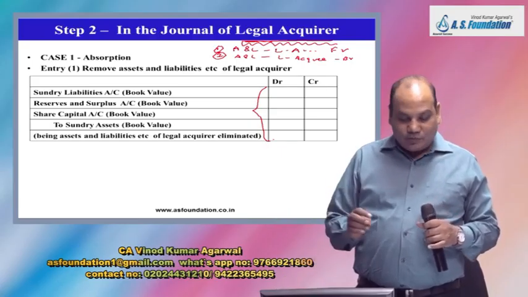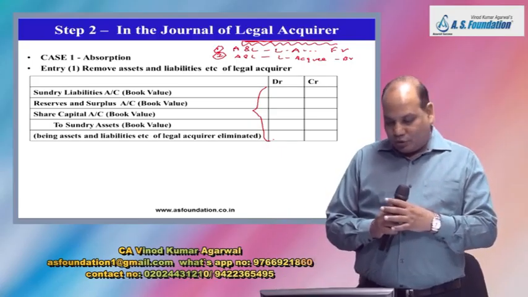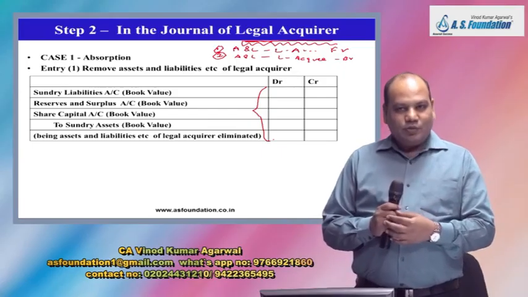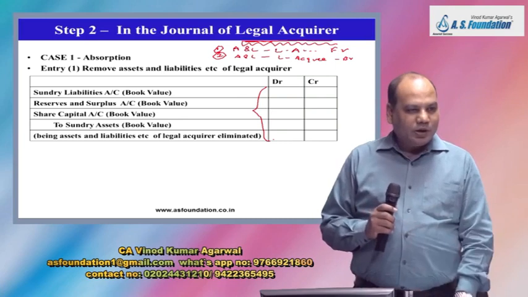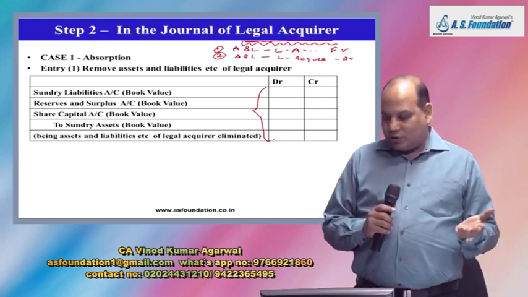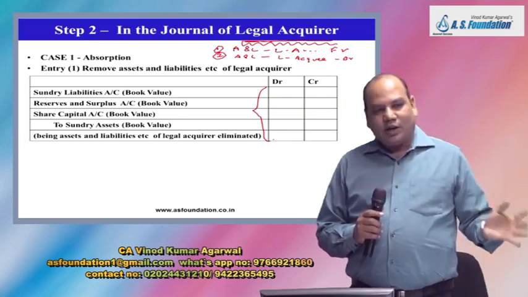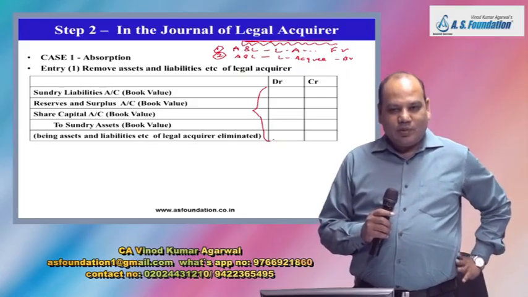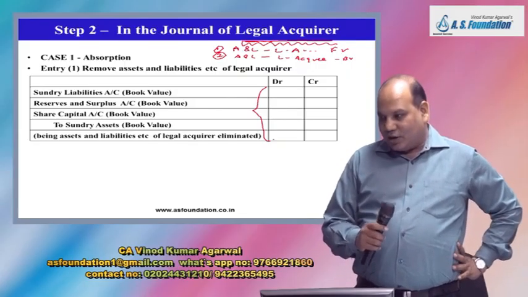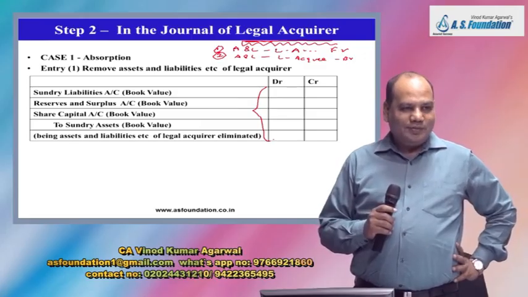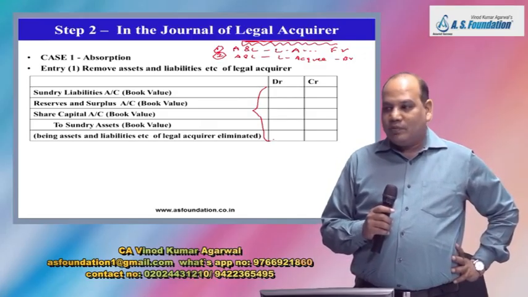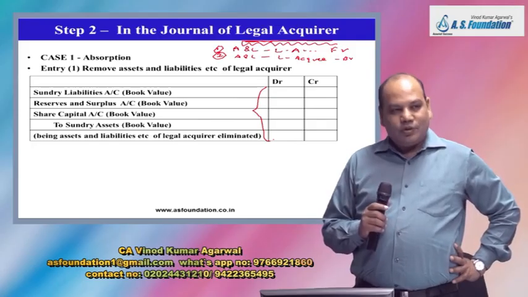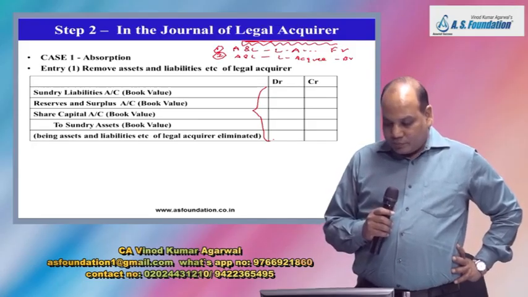Whichever method you find convenient, follow. This is simple, you will not make mistakes, and for every student this will become a simple method. It is very easy to reverse the entire balance sheet first, make it zero, and again incorporate all assets and liabilities at whatever fair values they have given. You can also incorporate goodwill in this calculation.